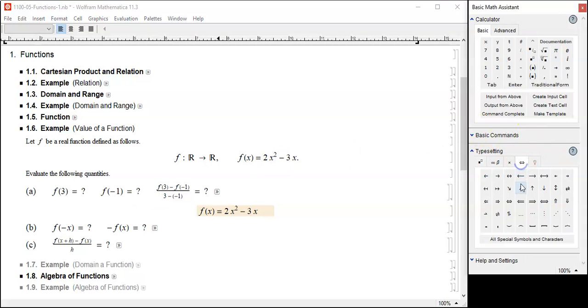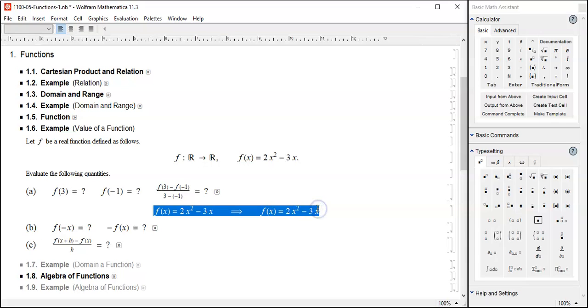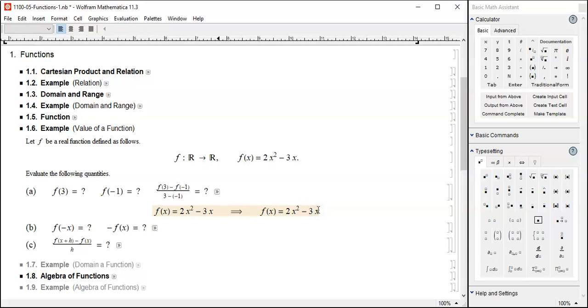Okay, f of x is this. And then you're going to substitute x equal to 3. In place of x, I'm plugging in 3. So I substituted 3 in place of x in the left-hand side, so I have to do the same thing in the right-hand side as well.